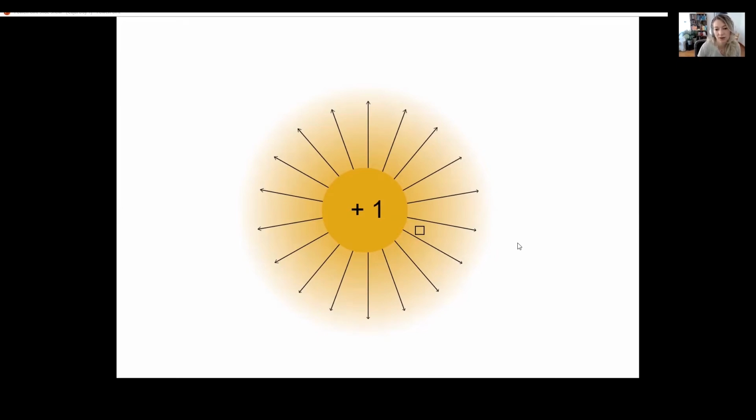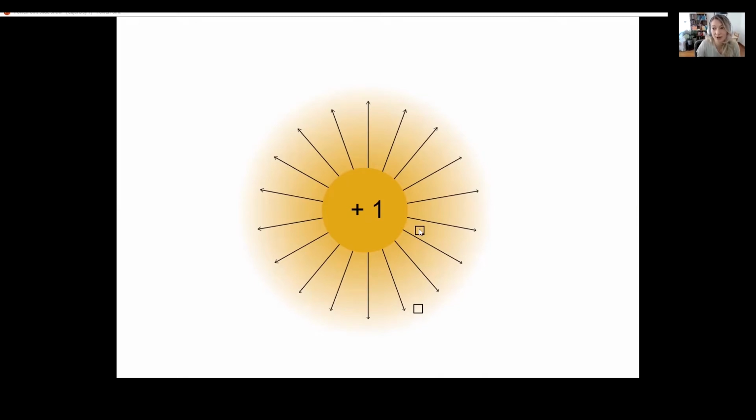This should become clearer if we pick another place, like here. If we put a positive charge here, it will be repelled by this positive charge. And if we want to move it against that repelling force to this point, we're going to have to invest energy to overcome the influence of that big positive charge. So that's what the electric potential is telling us: how much energy it's going to take to push our positive charge from here to here.